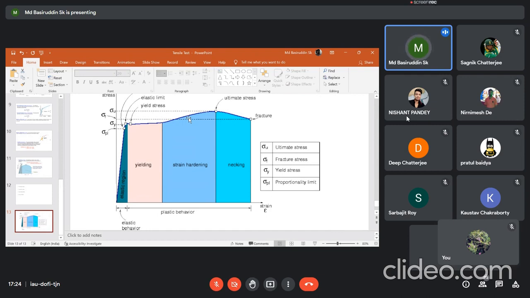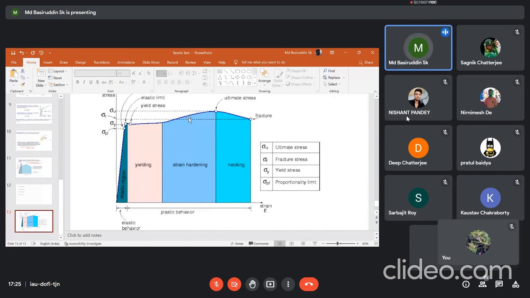So let's say you are calculating the rate of strain hardening, that is d sigma by d epsilon. Then ultimately you will find d sigma by d epsilon is equal to n into sigma by epsilon. Okay, so this sort of equation you will find.